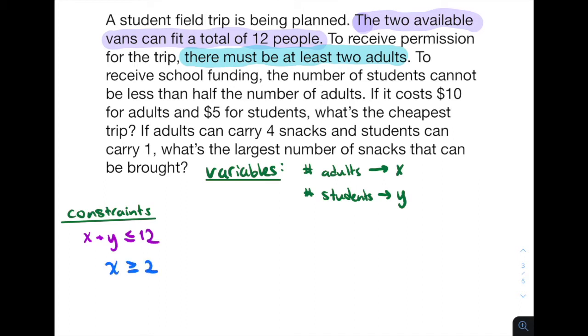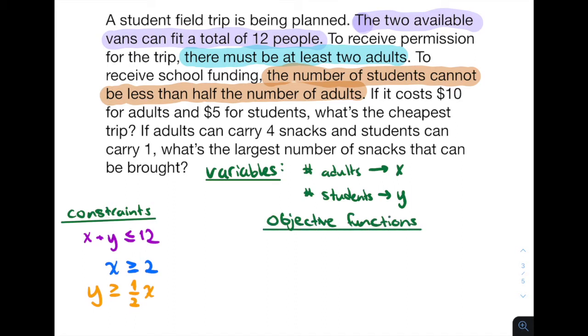You also see that to receive school funding, the number of students cannot be less than half the number of adults. So the number of students, y, cannot be less than, meaning greater than or equal to, 1/2 the number of adults. Giving us the equation, y is greater than or equal to 1/2 x.